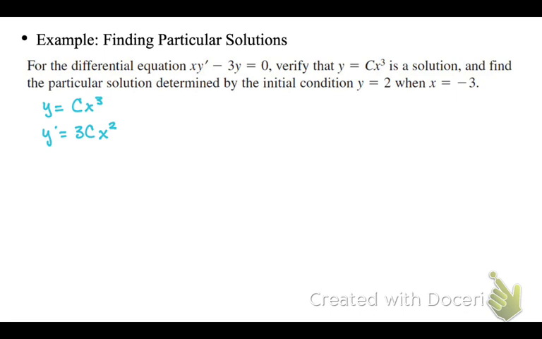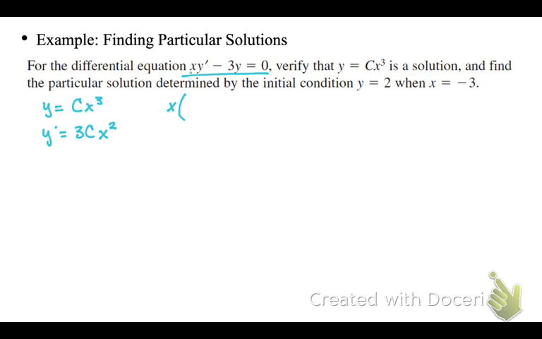Now, just a second though. Well, 3 times c is still just c. Okay, we'll leave it then. So now do we just plug them in? Now we just plug them into the differential equation. So we have x and y prime is... Is our x going to be the negative 3?